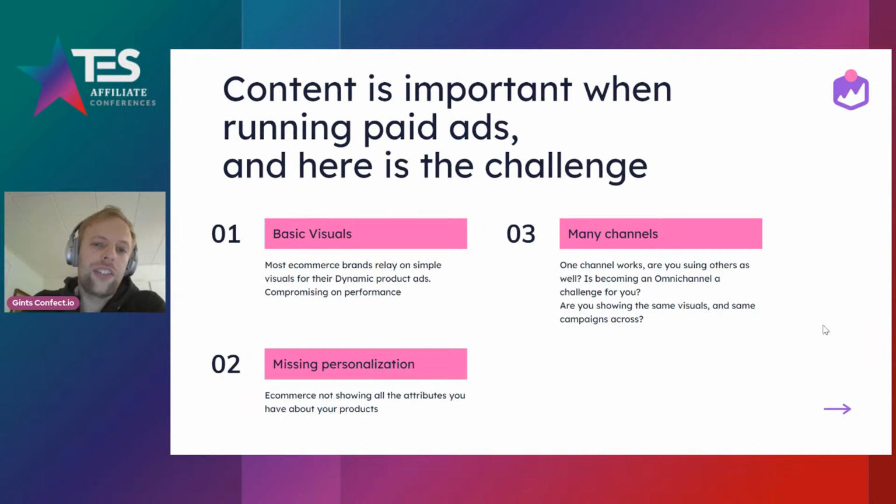But there is a challenge, and this challenge is real, especially when you create dynamic product ads on all three platforms, so on Facebook, Snapchat, and Pinterest. The first challenge comes that you have, by default, just the basic visuals. So the visuals I showed you before with the white background and your product.